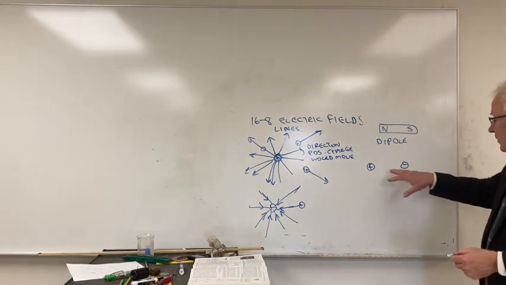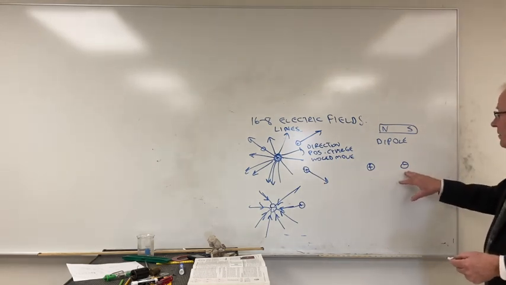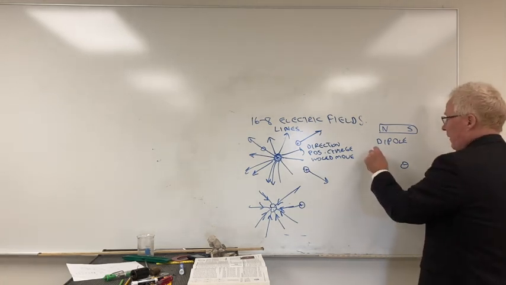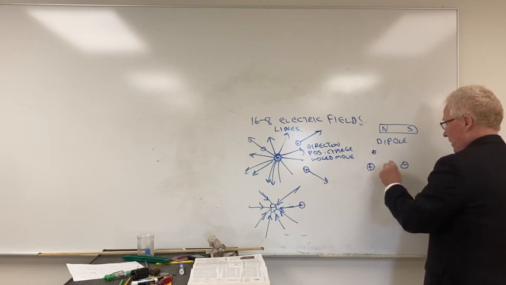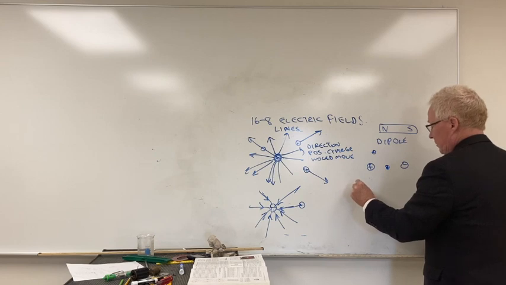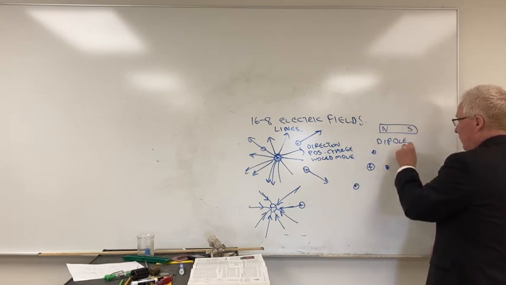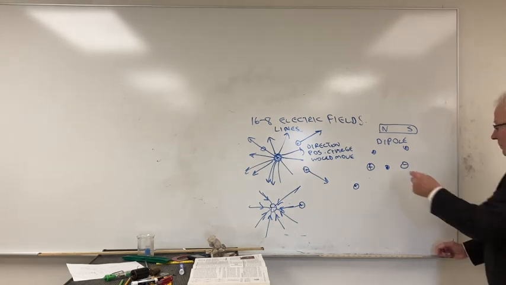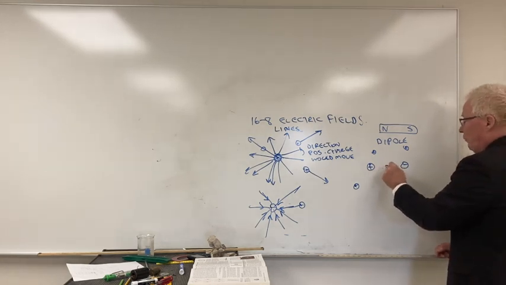So in that case, we'd have a plus here and a minus here, fixed. And the question would be, what would happen if I put a positive charge here, or here, or here, or here? Well, in the middle, it would go straight across.